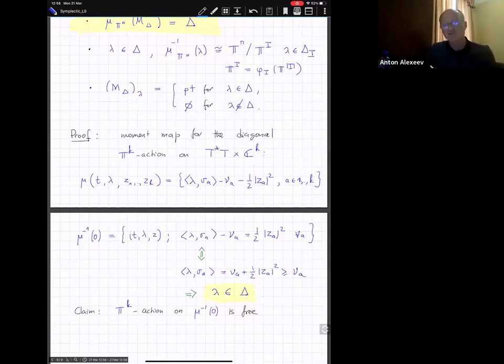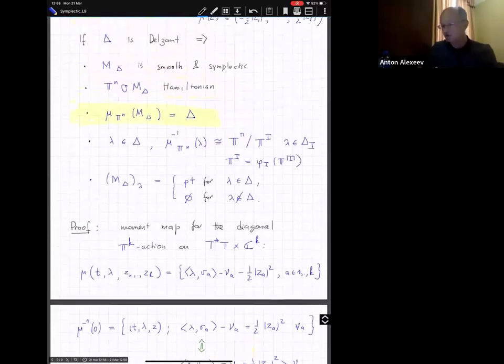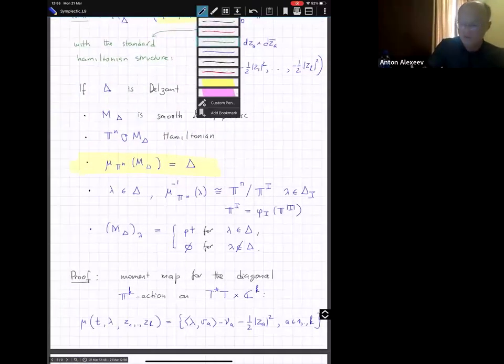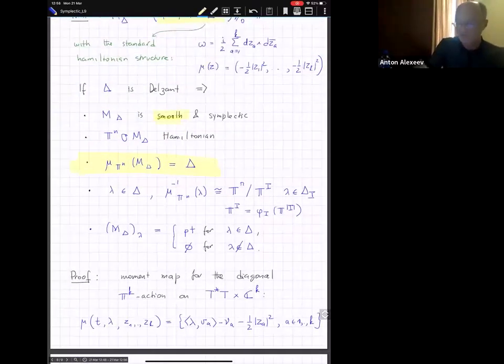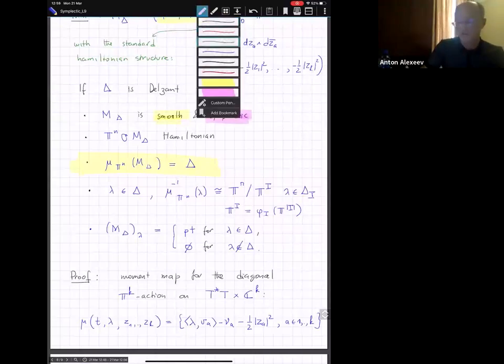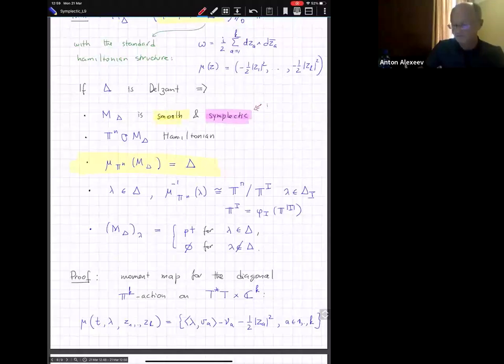And recall that we need this for the quotient to be smooth. So if the action is free, then the quotient is smooth. And actually, here I'm saying it's smooth and symplectic, but symplectic is automatic, right? Symplectic is automatic from the reduction theorem.